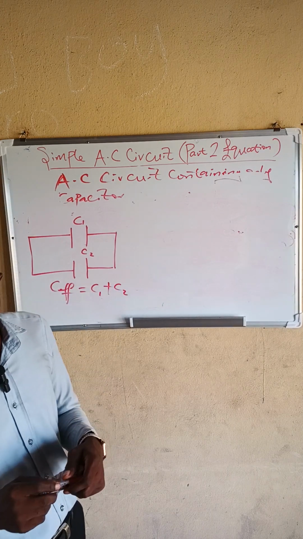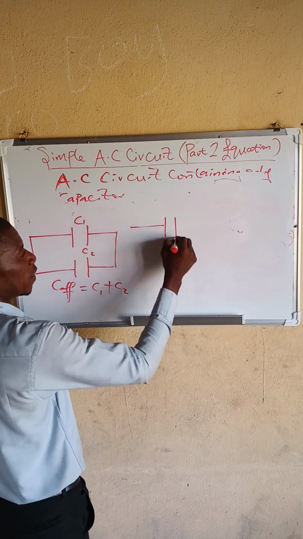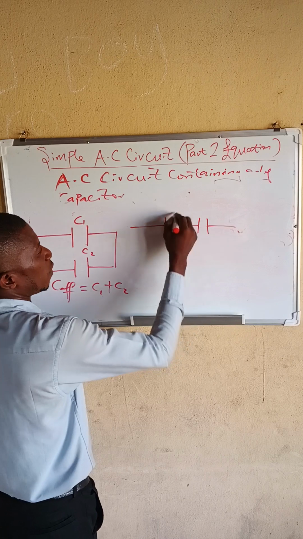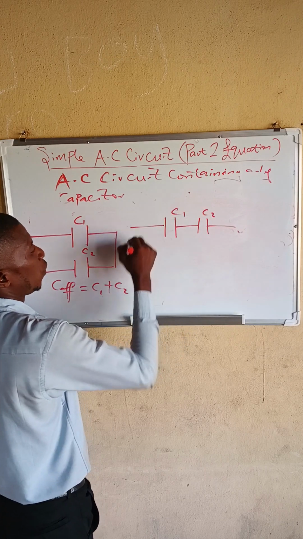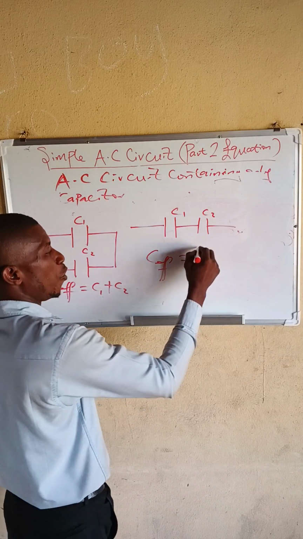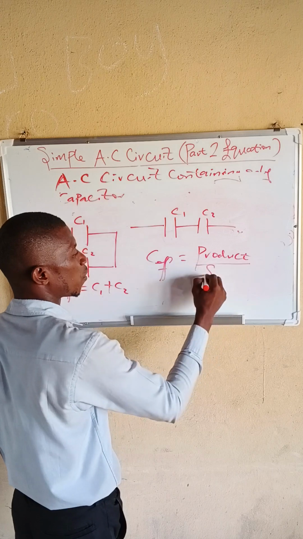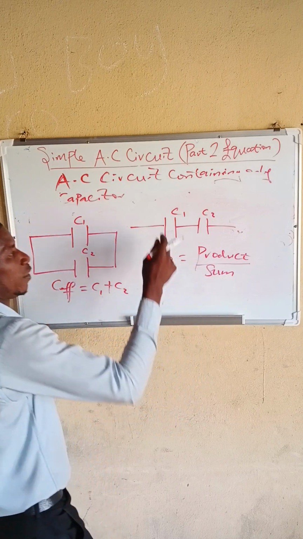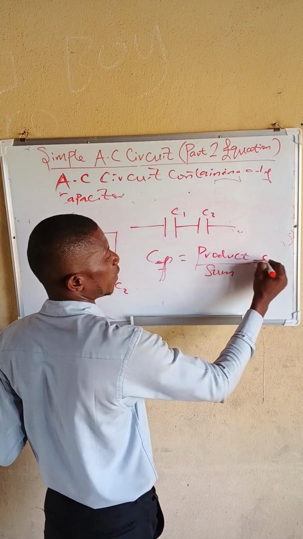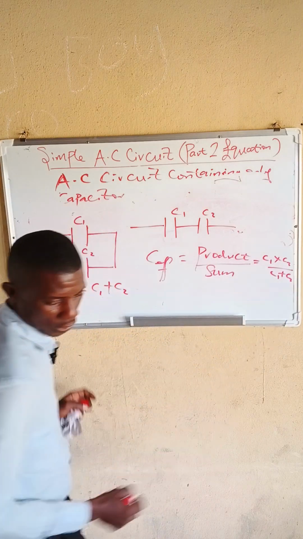But if connected in series, the effective capacitance is product over sum, that is C1 times C2 over C1 plus C2.